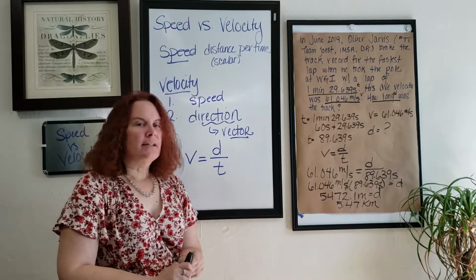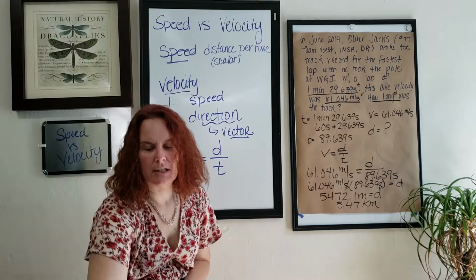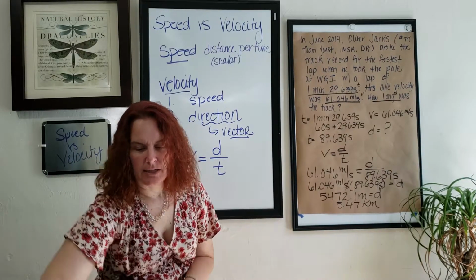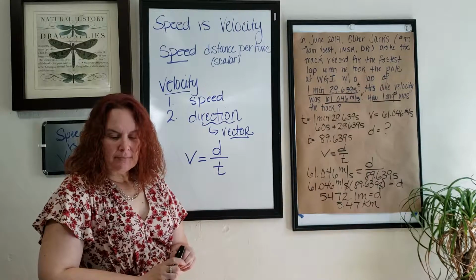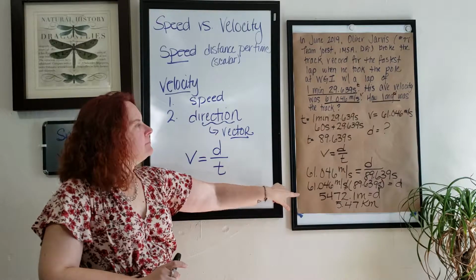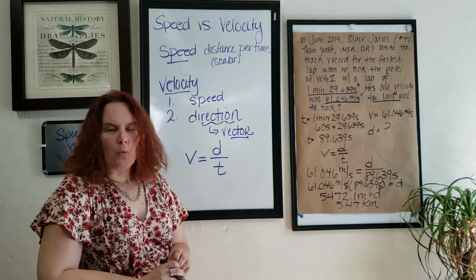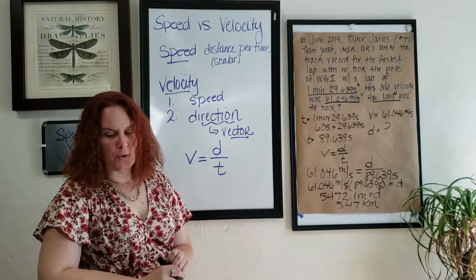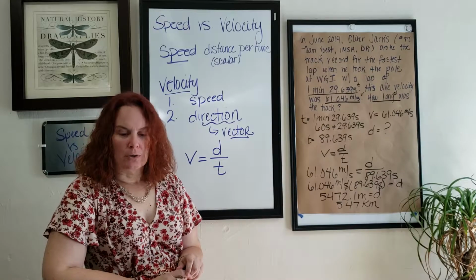And the NASCAR record was actually set in, I have it here, by Jeff Gordon, and it was set in 2014. And when you look at these speeds, Oliver Jarvis set his speed at 136.547 miles per hour when he got the pole.